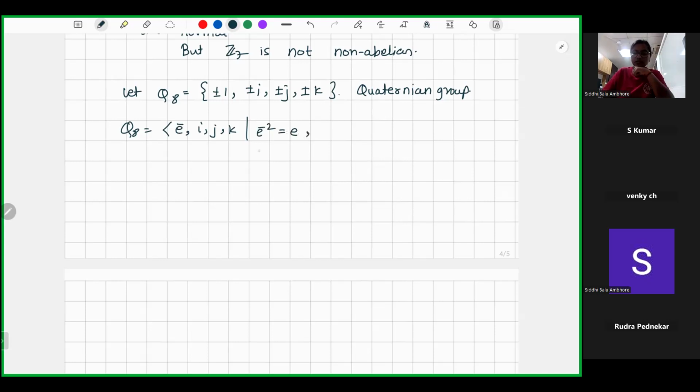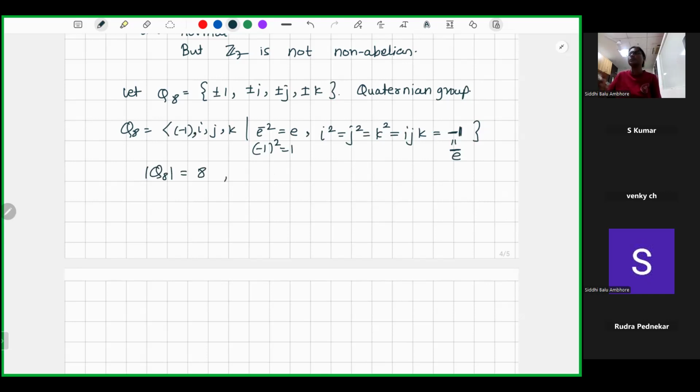This is actually minus 1 squared is equal to 1. And i squared is equal to j squared is equal to k squared is equal to ijk is minus 1 here. Or this is just e bar by notation. Let me just write minus 1 here. Doesn't matter. Okay. This is the group which we want to talk about. And its size is 8.